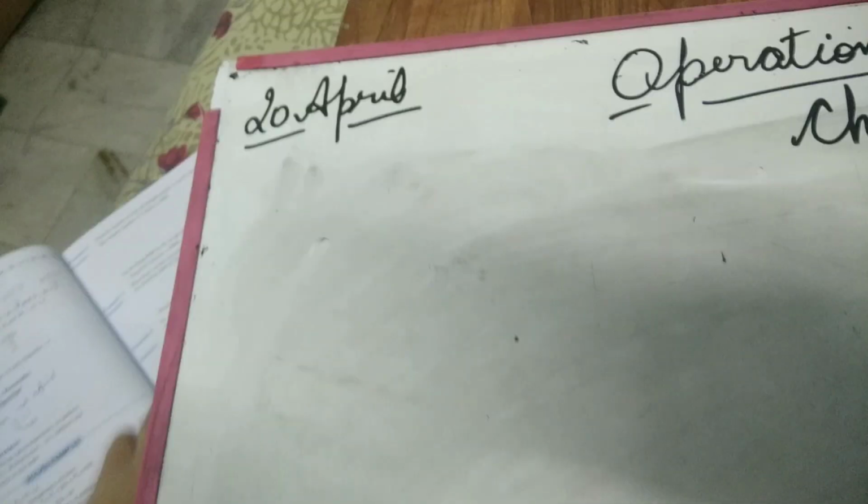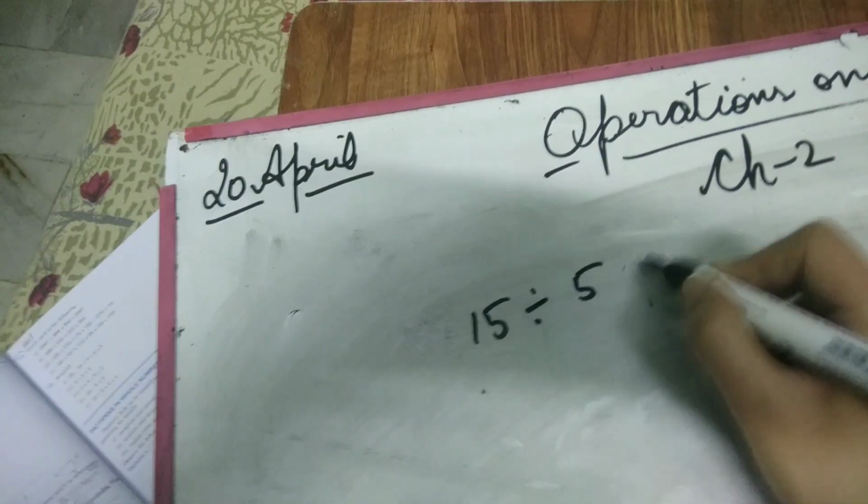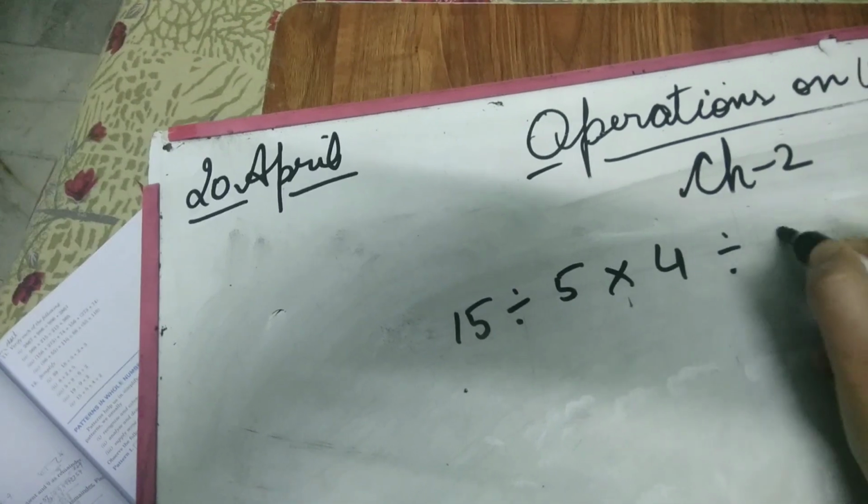So one example I can take here, regarding the solving, a very simple one. For example, I say 15 divided by 5 into 4 divided by 2.